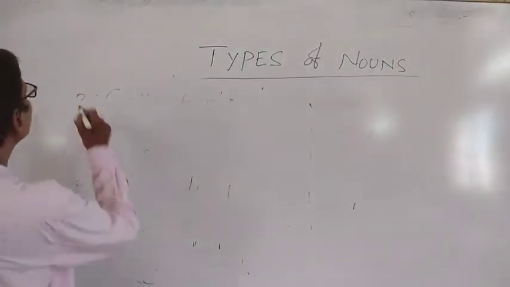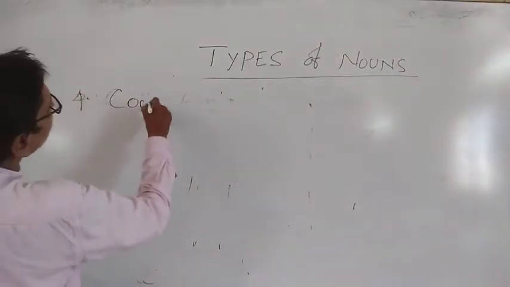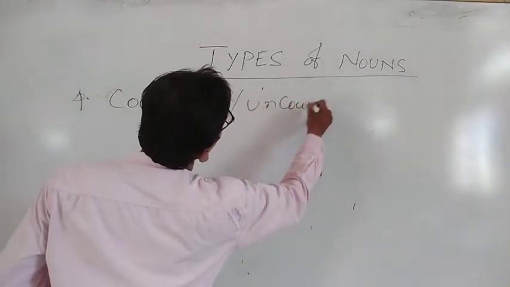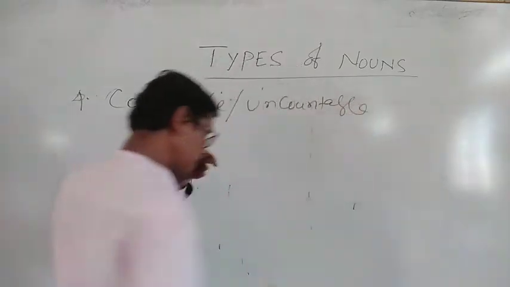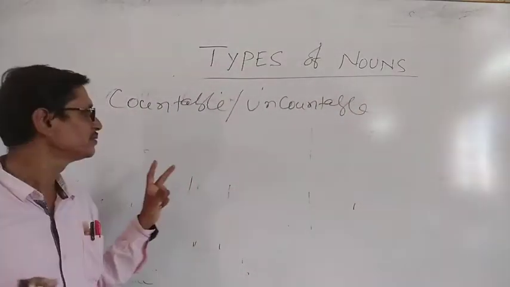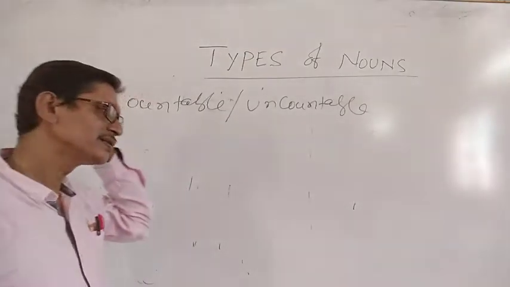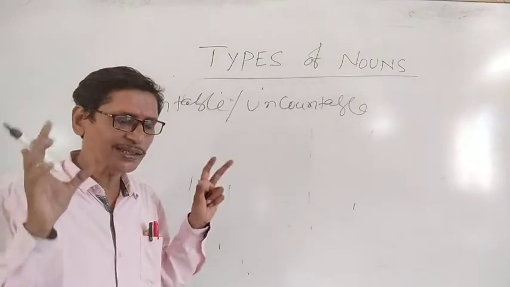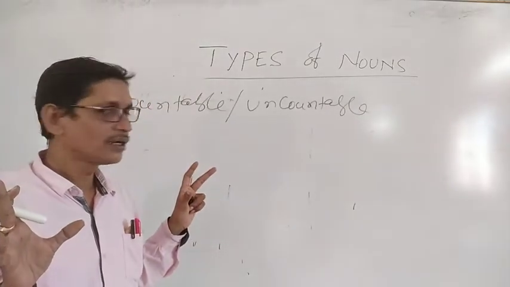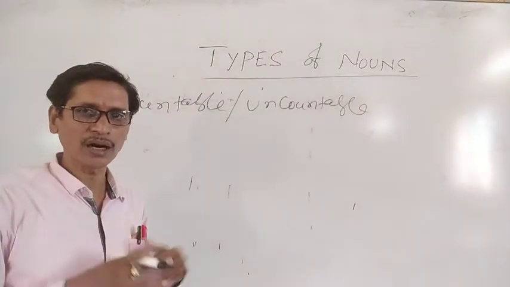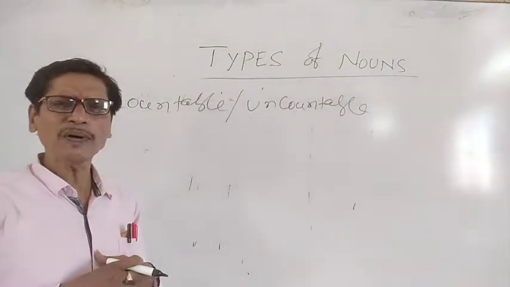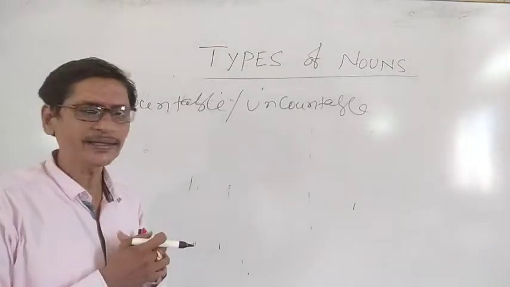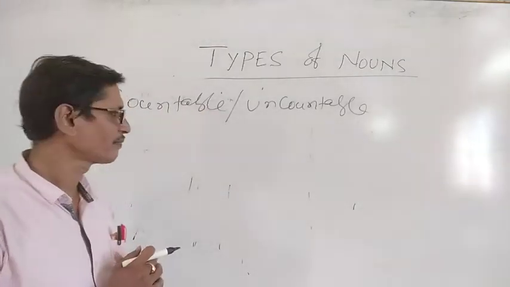Number 4 is countable and uncountable noun. It is very important for students to understand, because most times we are in confusion whether a noun is countable or uncountable. Therefore, let's understand how we can easily identify and analyze them.